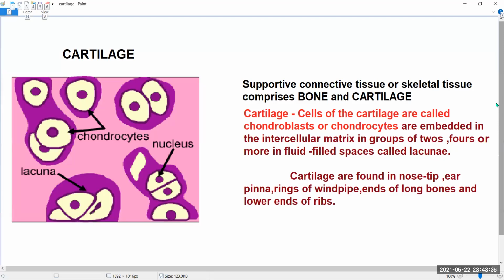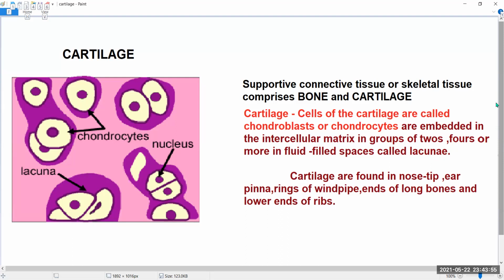Supportive connective tissue or skeletal tissue comprises bone and cartilage. The cells of cartilage are called chondroblasts or chondrocytes.